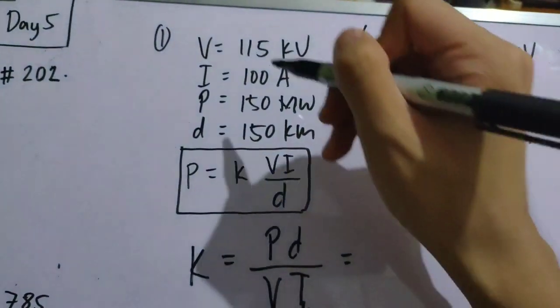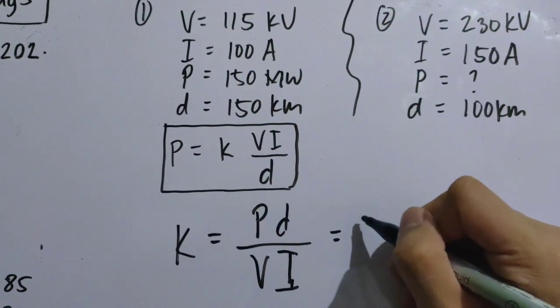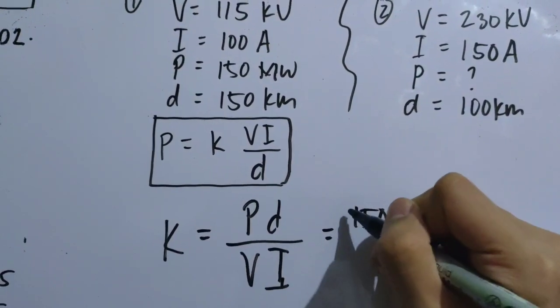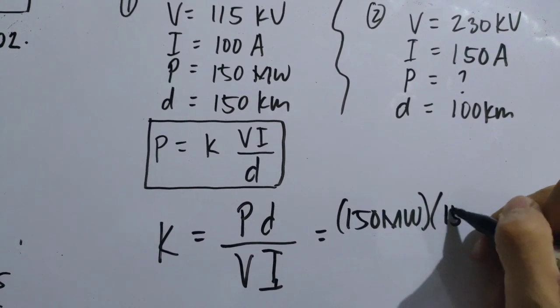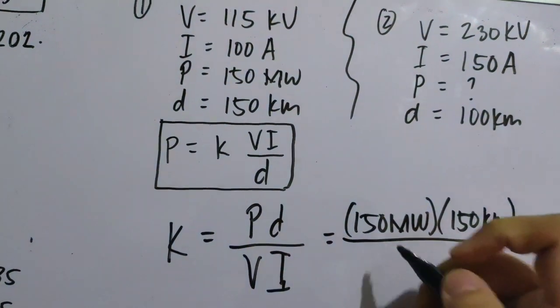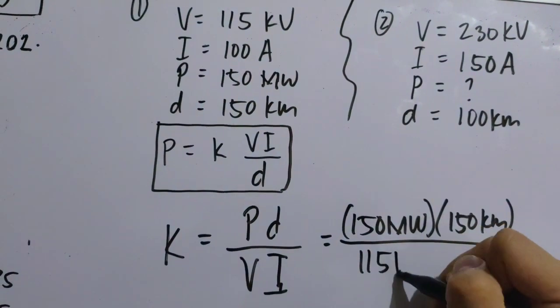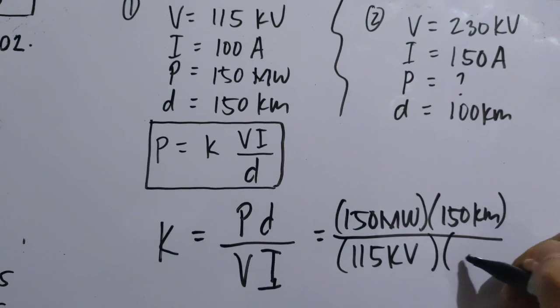So let us solve K using condition number 1. We use the values in the first condition. Our power is 150 megawatts times distance 150 kilometers over our voltage 115 kilovolts times our current of 100 amperes.